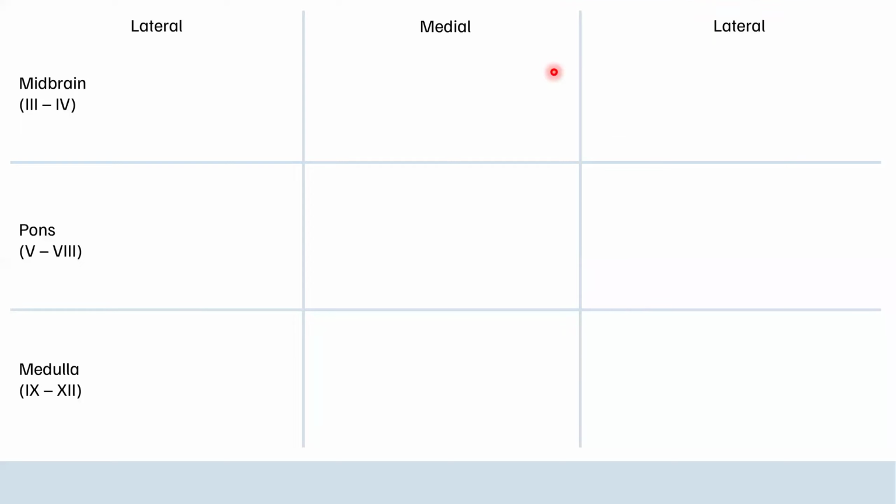Now, let's talk blood supply. What supplies the lateral portion of the midbrain? Okay, so PICA is for the cerebellum, right?